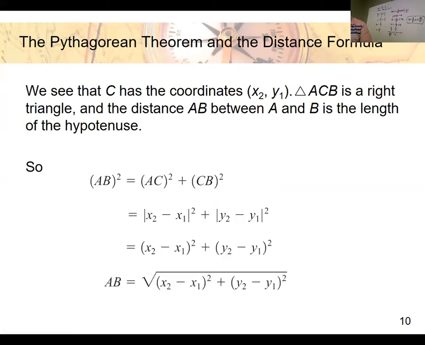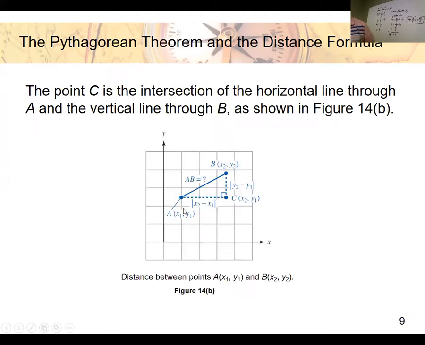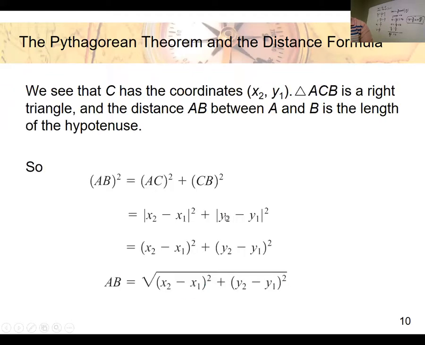And if you recall the Pythagorean theorem, where you got a squared plus b squared is equal to c squared, here they're letting the hypotenuse, which is the longest side, AB, equal the square of AC plus the square of BC. And then from A to C was x2 minus x1, and that's squared.